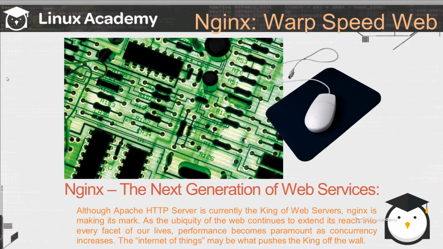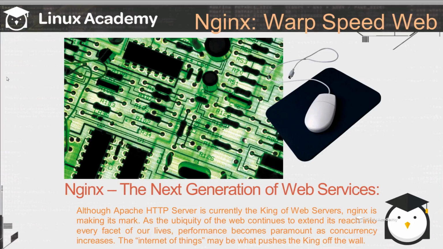So as every device that we use in our lives, from our monitors, which are typically not connected, but now our TVs are, our headphones, our watches, our smartphones, our keyboards, our mice, as the Internet of Things becomes more and more important in our lives, those number of connections that use web services are going to begin to overrun the ability for web server farms to function and provide that content.